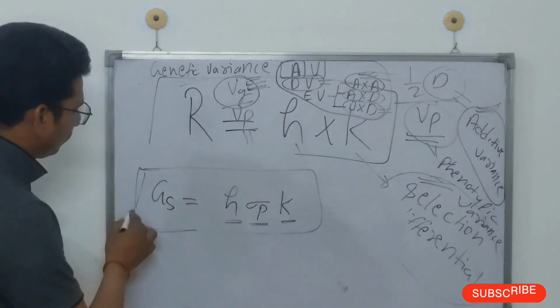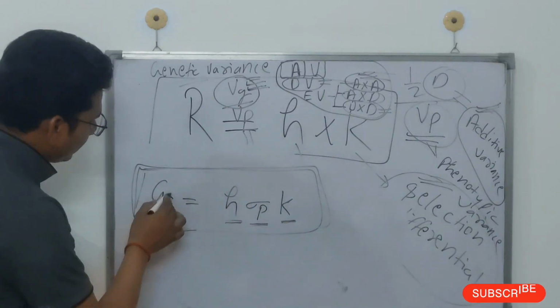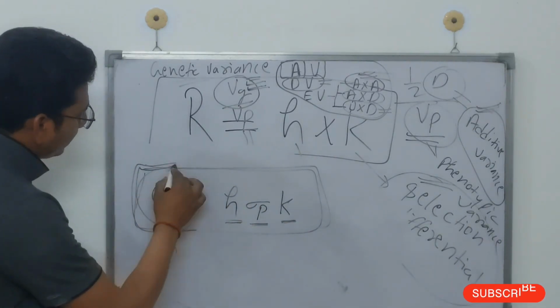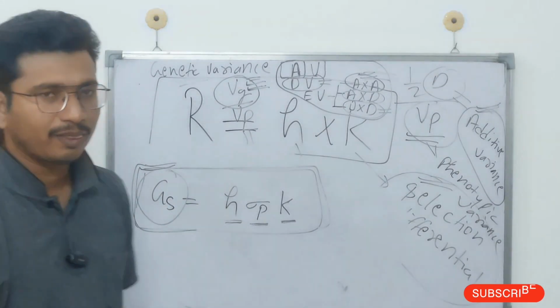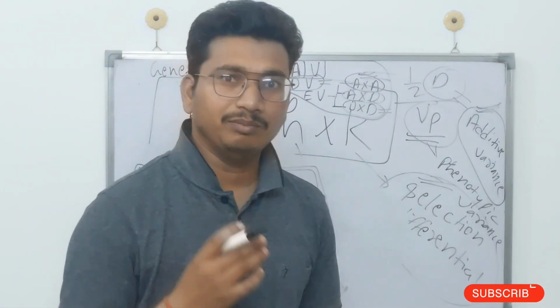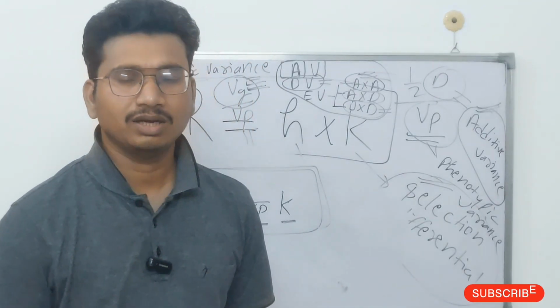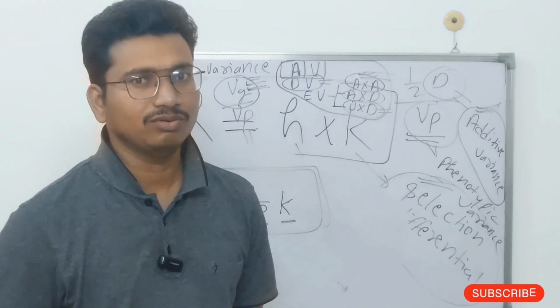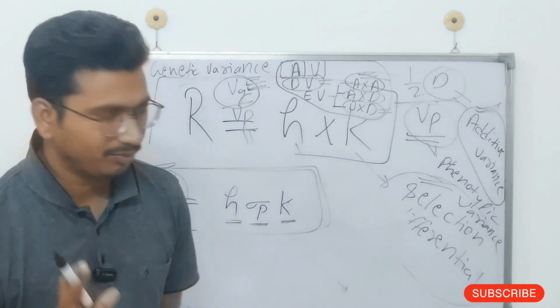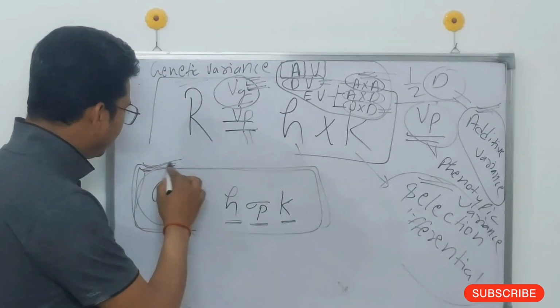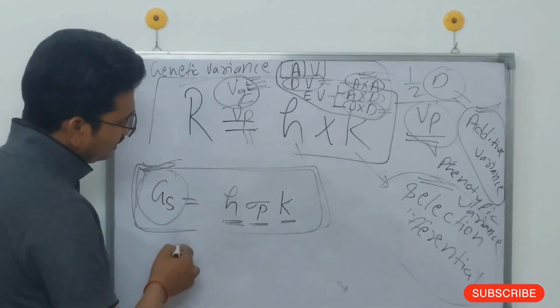This is sometimes also known as Breeder's equation. What is genetic advance? Genetic advance is the improvement in mean genotypic value of selected population over the mean genotypic value of unselected population.